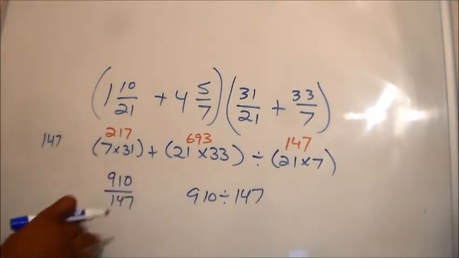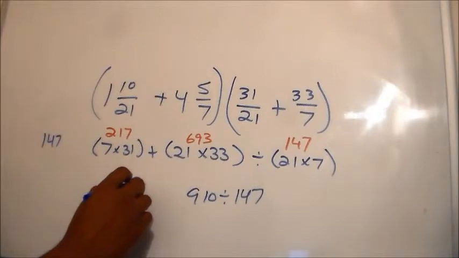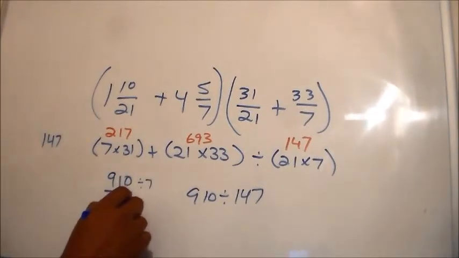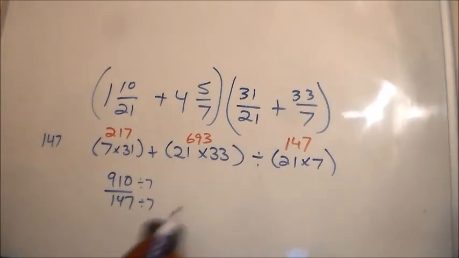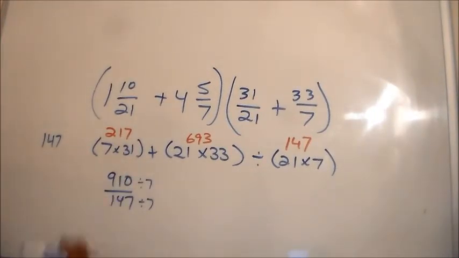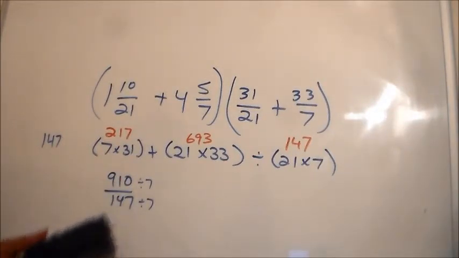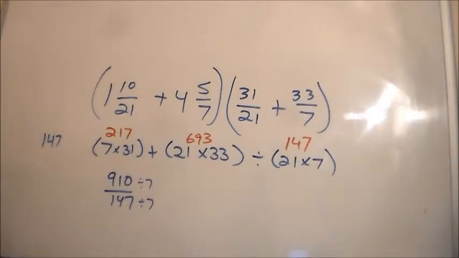This actually would have to be reduced. If we divided the top by 7 and the bottom by 7, you really wouldn't even know how to come up with that number; you'd have to play with it. It's odd numbers, or odd and even. 2 doesn't work, 3 doesn't work, 5 doesn't work.